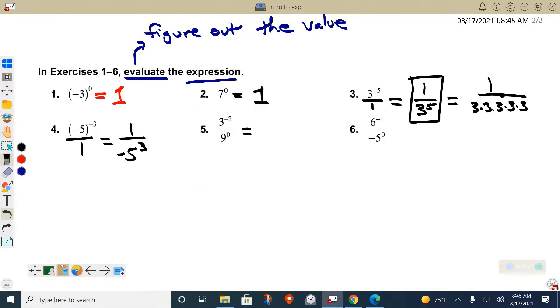So watch this. I'm gonna rewrite this as 3 to the negative 2 power over 1.